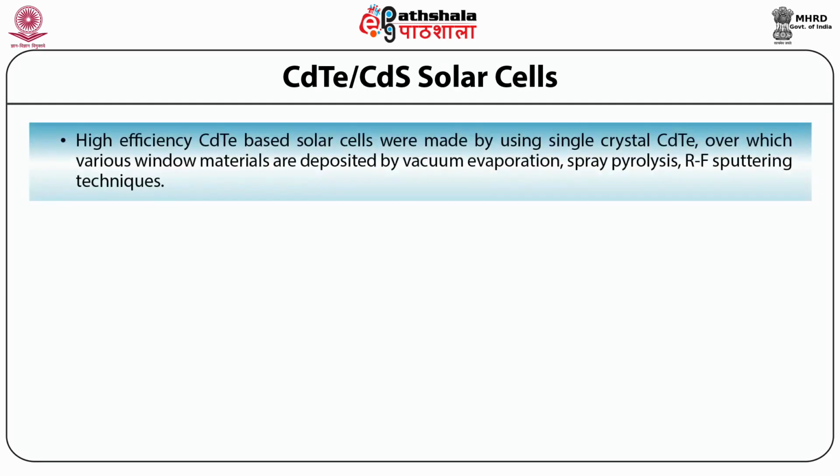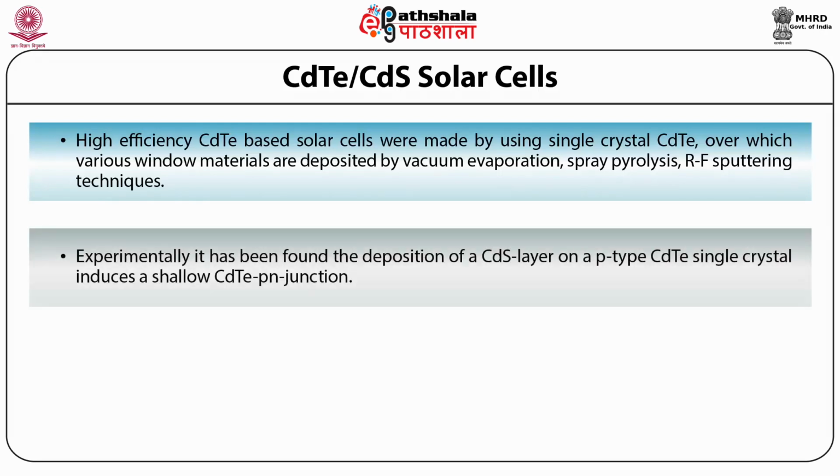Now, the high efficiency cadmium telluride based solar cells were made by using single crystal cadmium telluride, over which various window materials are deposited by vacuum evaporation, spray pyrolysis, RF sputtering techniques. Experimentally, it has been found that the deposition of a cadmium sulphide layer on a P-type cadmium telluride single crystal induces a shallow cadmium telluride PN junction.